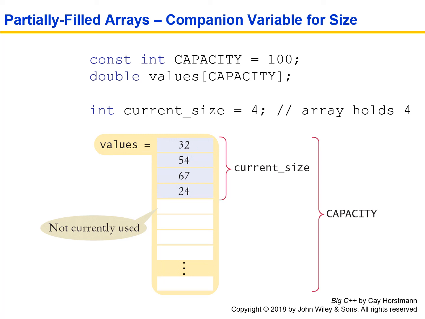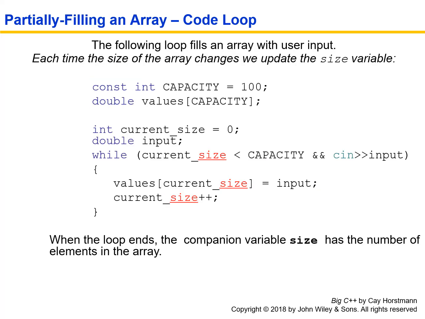So say we add 4 elements to the array, we would set current size equals 4 to help us keep track of the fact that there are now 4 used spots in our array. So this is a way, I guess, of making an array somewhat like a vector, in that you can make it bigger than you need to use, and then you fill up only the amount that you're currently using.